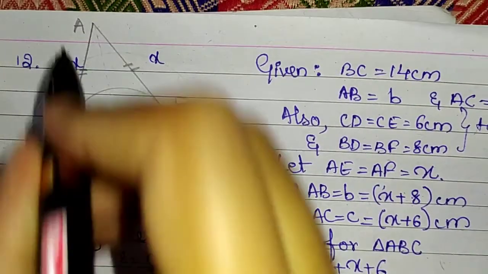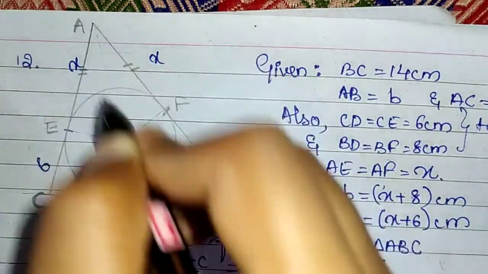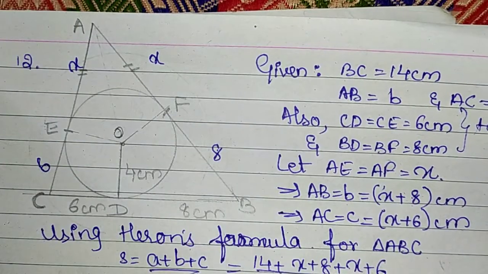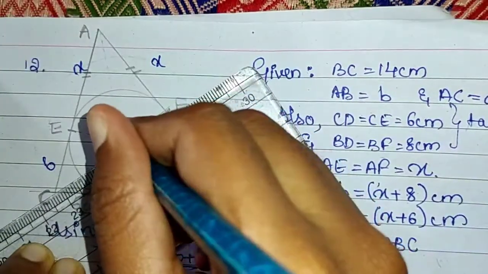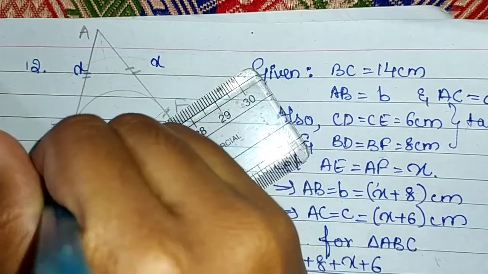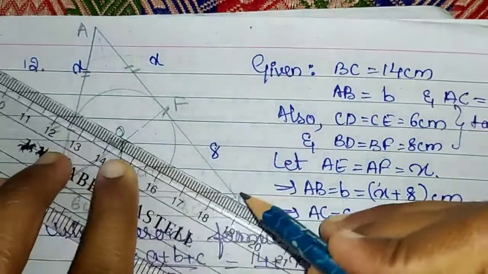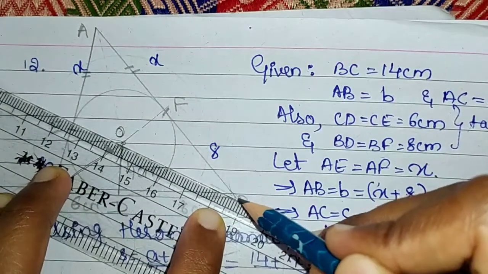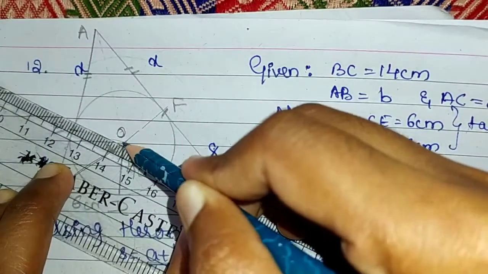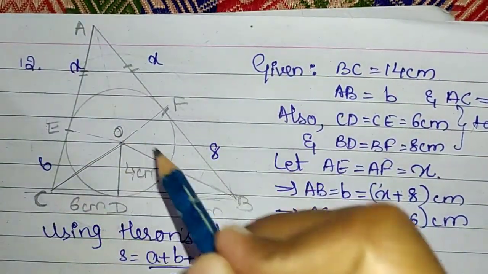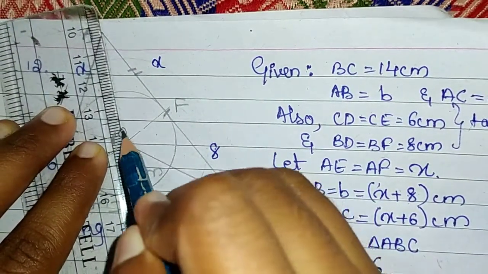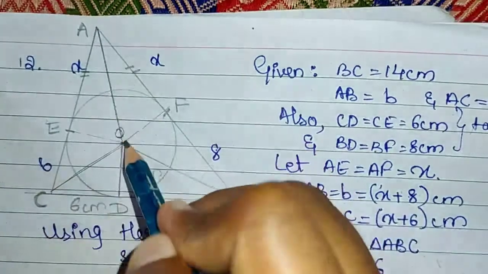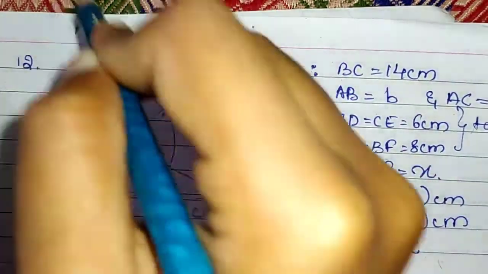So now if you look at the figure, the whole area ABC has been divided into the area of 3 triangles. That is, the first triangle here is triangle OBC, plus this one, triangle AOC, and lastly the triangle ABO.